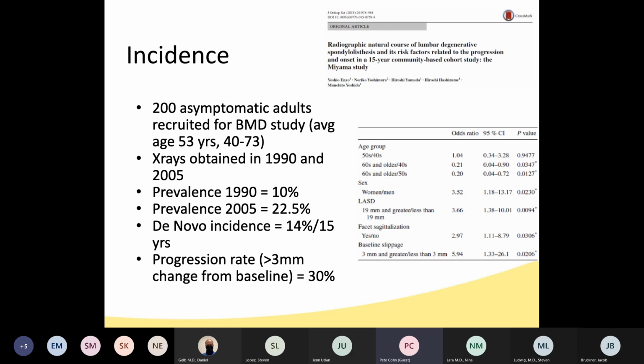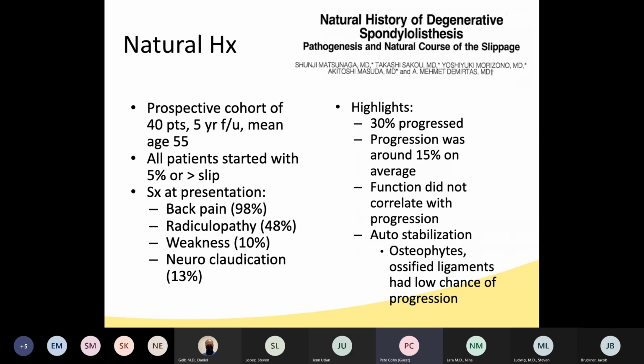Interestingly, they also found a progression rate, meaning an increase in the slip of greater than 3 millimeters, of 30%. Risk factors for that progression were positive sagittal balance, as measured from lumbar parameters, the degree of the initial slip, and the age. Older patients tended to progress less, and they attributed that to auto stabilization, which I'll talk about a little more in this next paper.